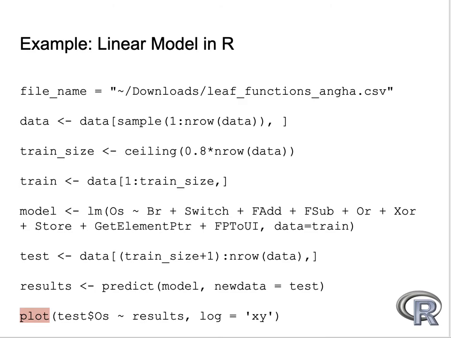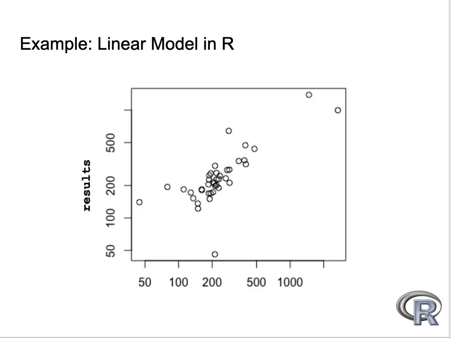Let's plot the results of our prediction. The y-axis are the results of the prediction, whereas the x-axis is the actual value that we observed in the test set. As you can see, most of our predictions are on the diagonal, or very close, so we got a good model, I'd say.